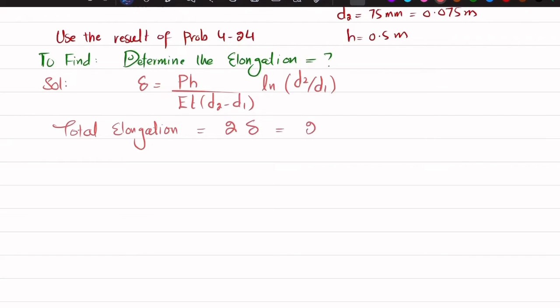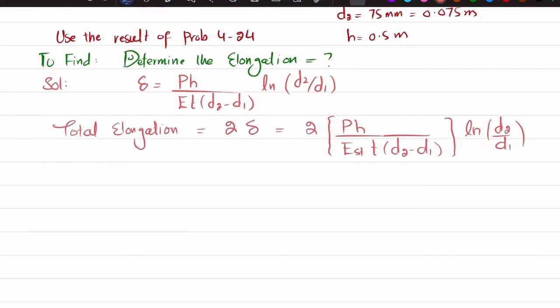So you can put the value 2 into PH divided by E, that is steel member. So we will write E steel into thickness D2 minus D1 into ln of D2 over D1.